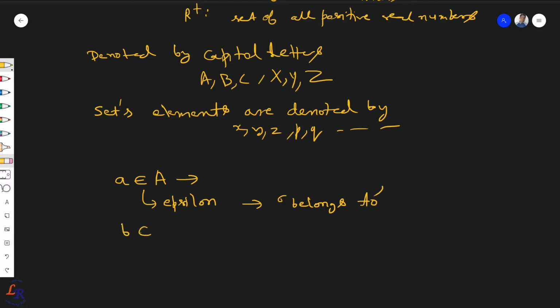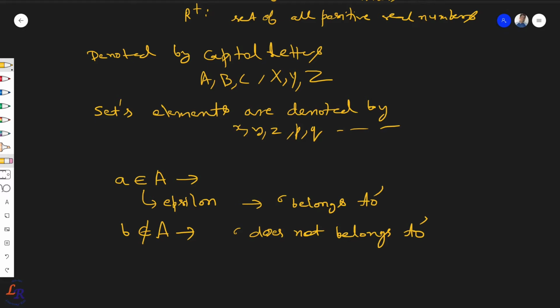Similarly, if I strike out the epsilon and write b ∉ A, it means that b does not belong to set A. These are the technical terms: when we put it in a statement form, you should understand.